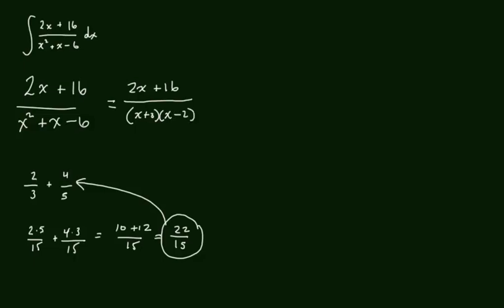These are both considered linear factors, and the question then becomes, what value would go over this linear factor, x + 3, and what value would go over this linear factor, x - 2, if I were to decompose it? When I find the values of A and B, I have successfully decomposed the fractions.